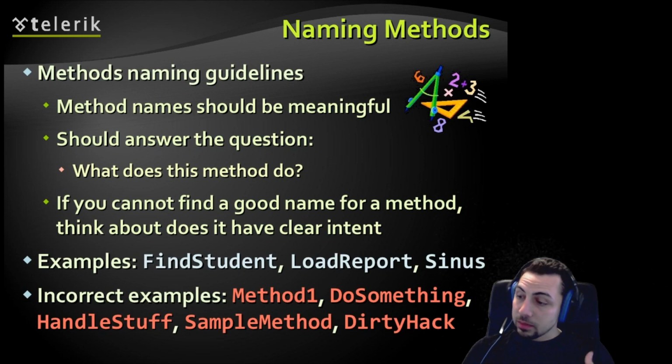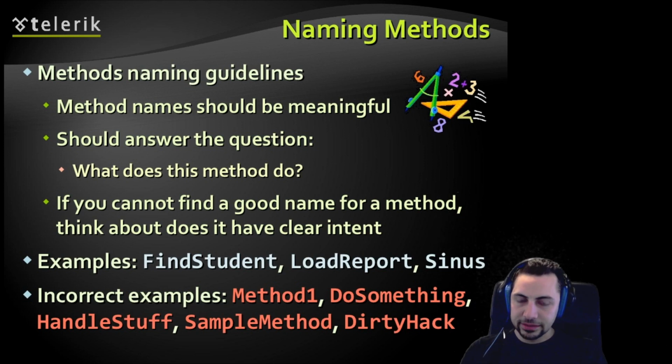Hopefully your arguments to these methods also have meaningful argument names. So loading a report from a string file name. Okay, that tells you where the report's being loaded from. Sometimes methods like these in red do show up, handle stuff, sample method, dirty hack, but they're not good practice, right?